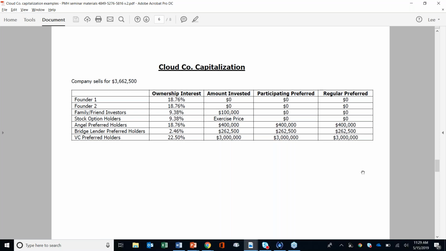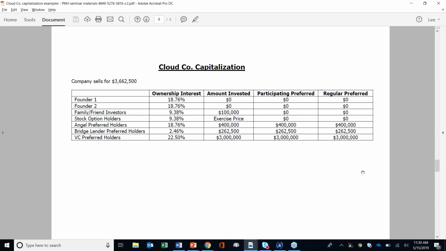Had we sold the company for a little bit more money than the $3.662 million, you would start seeing some money pro rata going back to everybody else.